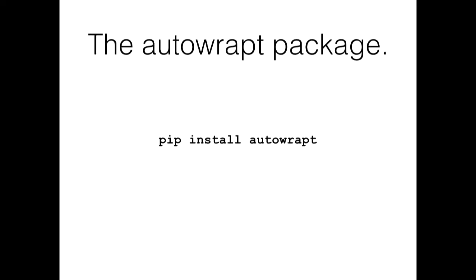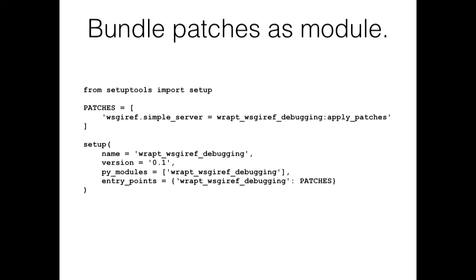And this is where another package I wrote comes in. It's called autowrapt. So we can pip install autowrapt. And what we're going to do this time, rather than have our own code somehow imported by making changes to the application code of Unicorn, for example, is package up the monkey patch that we want to apply as a module in itself. So here I've got a setup.py, which is what you use to create your own package.